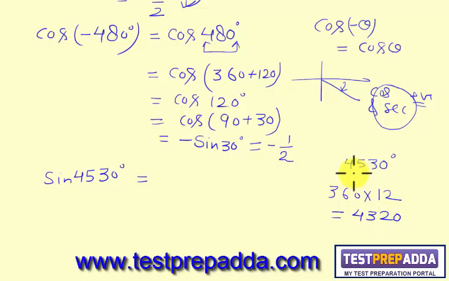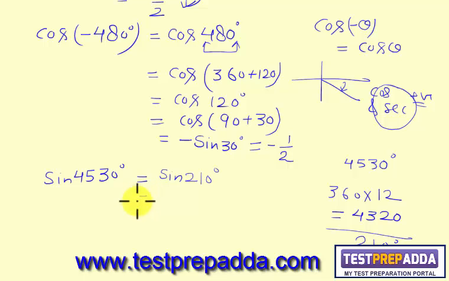So we will subtract 12 times 360, that is, we have to subtract 4320. If I subtract, the value comes to 210 degrees. So sine of 4530 degrees is nothing but sine 210 degrees.